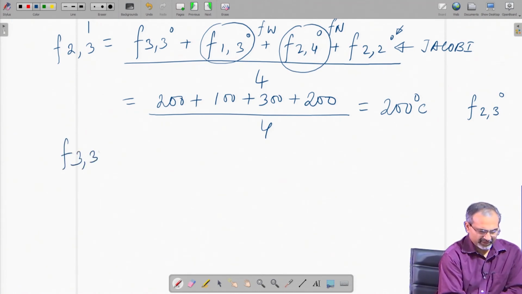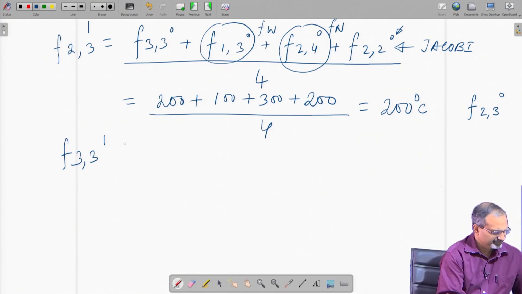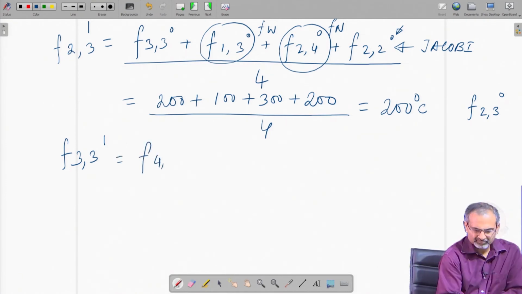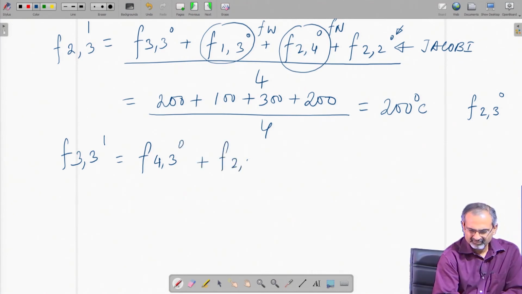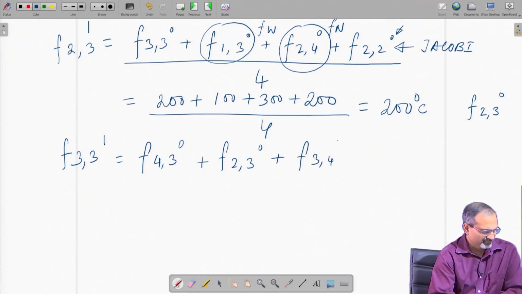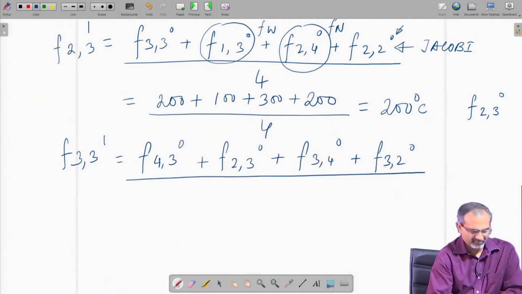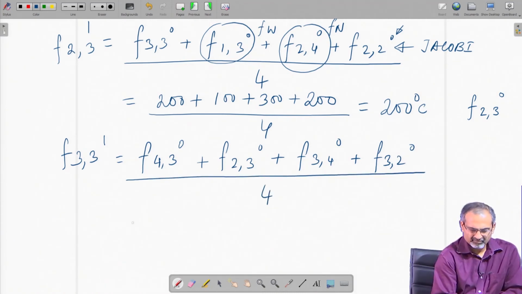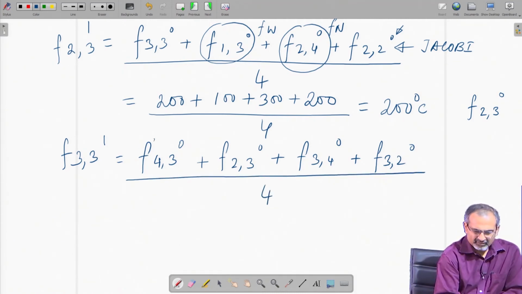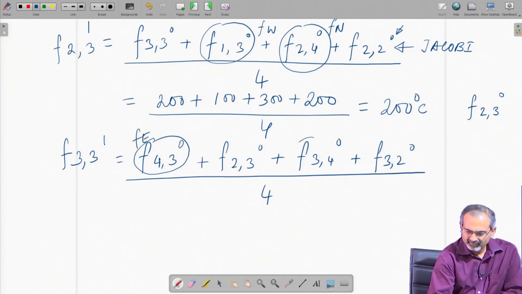Then we have f 33. This comes from the east boundary condition, this comes from the north boundary condition.